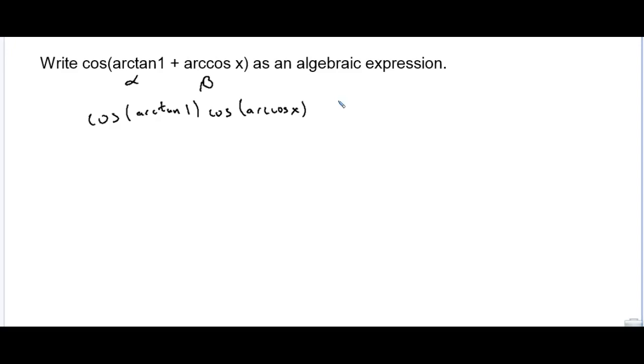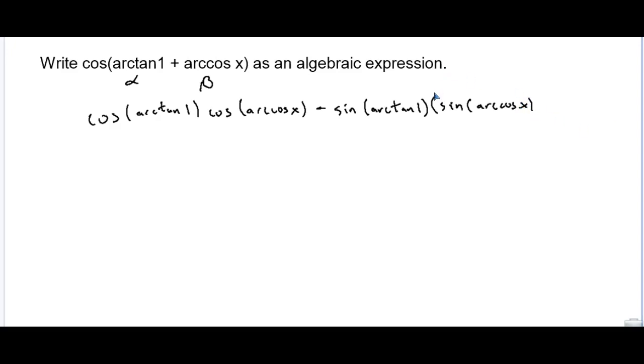And then we're going to subtract sine alpha times arc tan of 1 times sine of arc cosine of x.